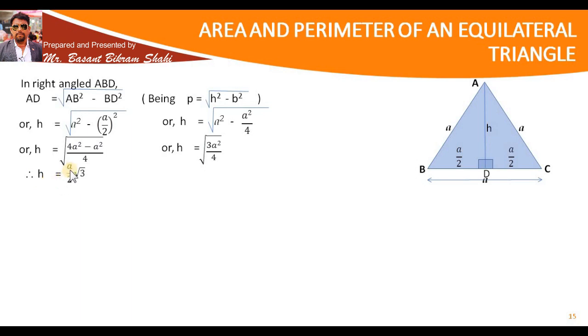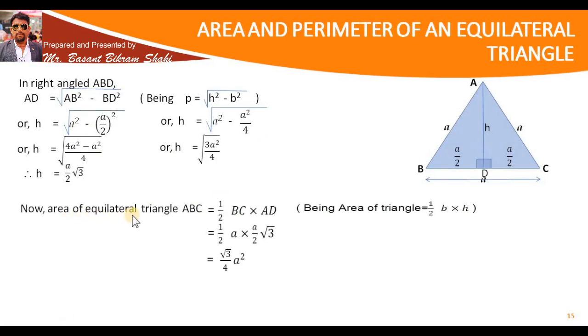Therefore H equal to A by 2 root 3. Square root of A square is A, square root of 4 is 2, and as we don't get an exact whole number value of root 3, we write root 3 as root 3.